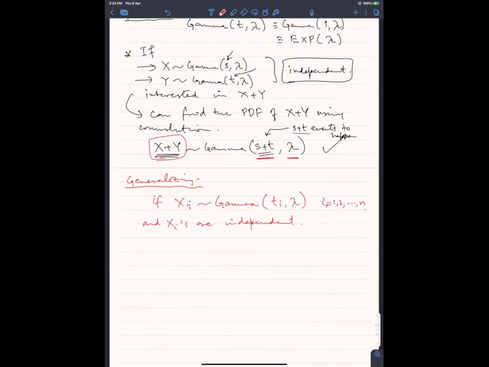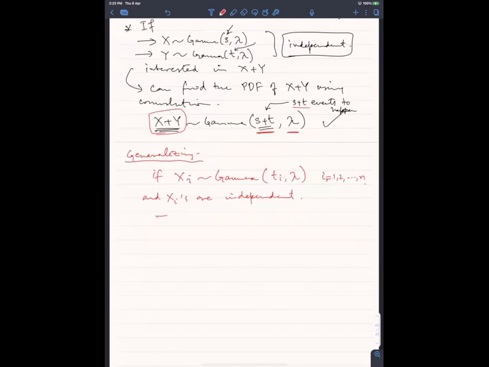So that means the distribution of the summation i equal to 1 to n of xi would be the same as a gamma distribution with the sum of ti from i equal to 1 to n, comma lambda. What is important is कि lambda is exactly the same for these.